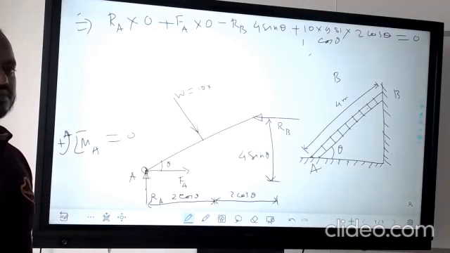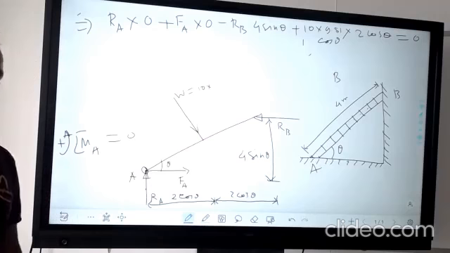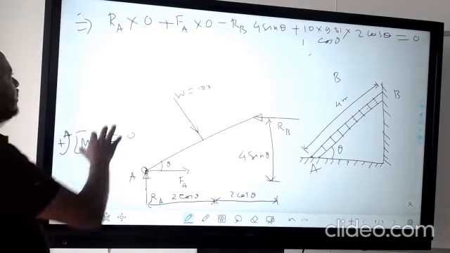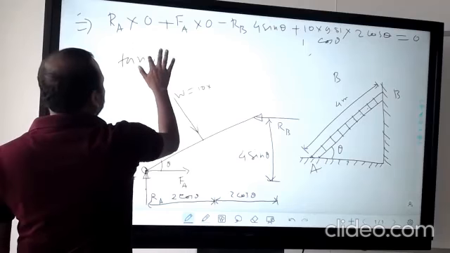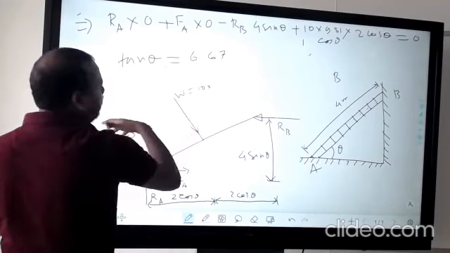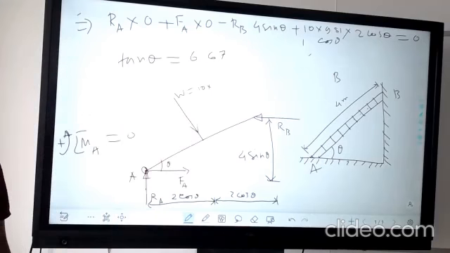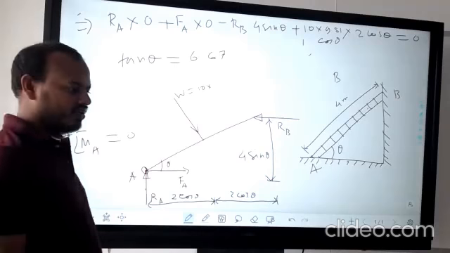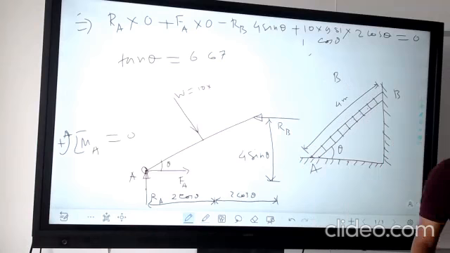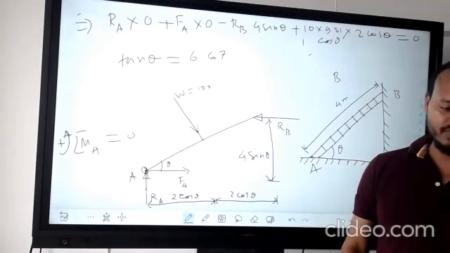Tan theta is equal to 6.66, so tan theta is equal to like that, 6.67. Then theta is equal to that value. The inverse function values we are not getting, but I think you will get it. In this way, you have to calculate.